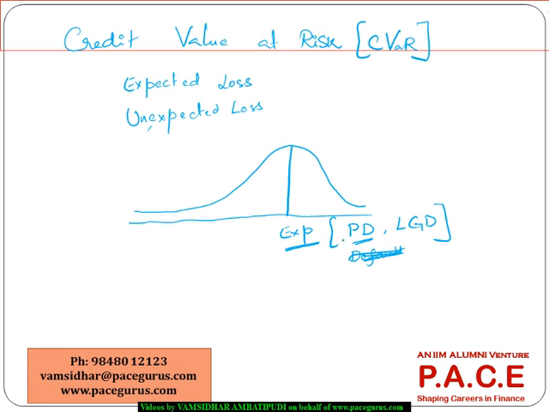But for the expected loss computation, all I require is the probability of default multiplied with the loss given default. But for a portfolio, or even for a single security, this is the unexpected loss, and the unexpected over the expected is what we have defined as credit value at risk.